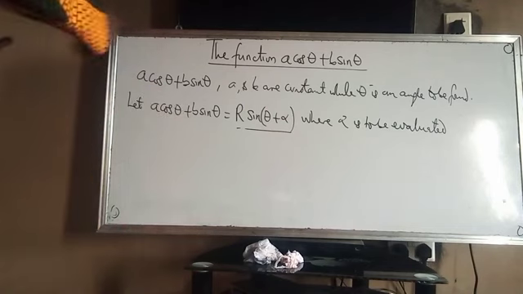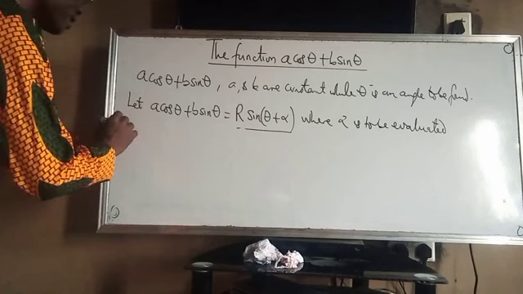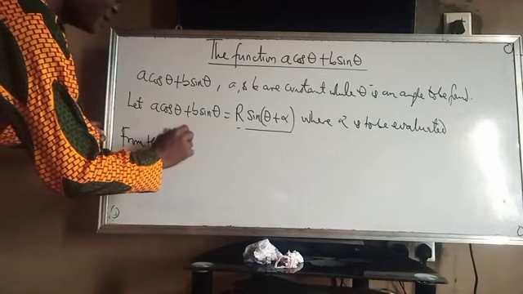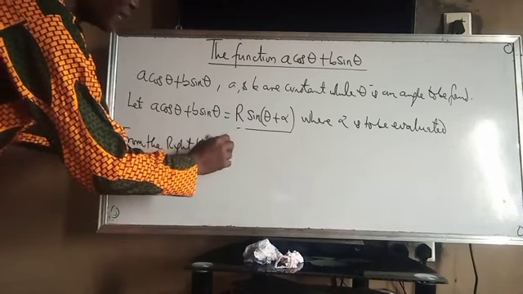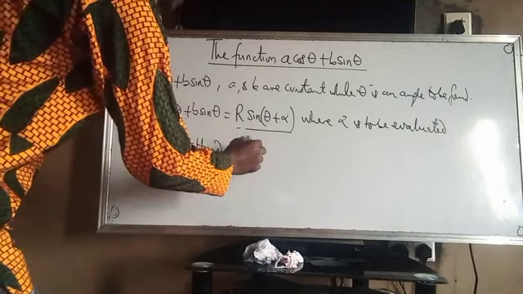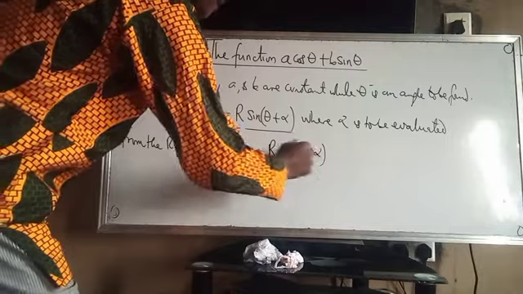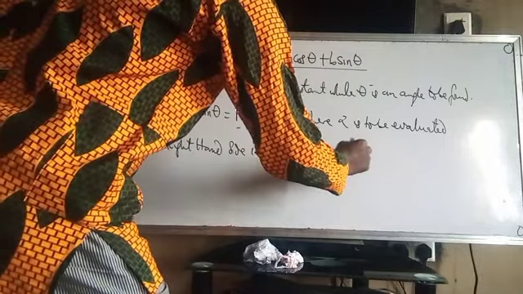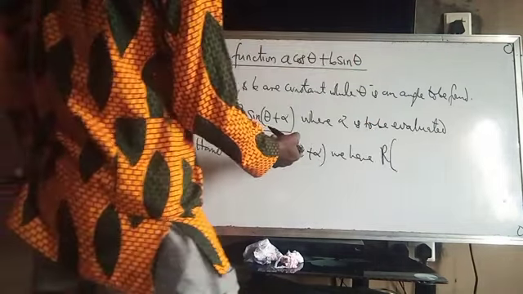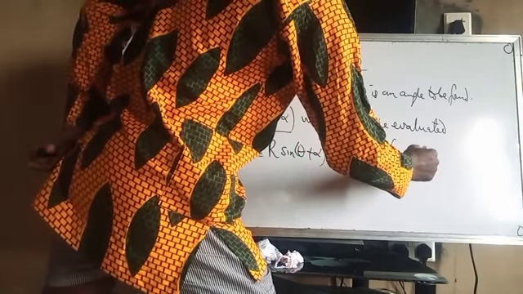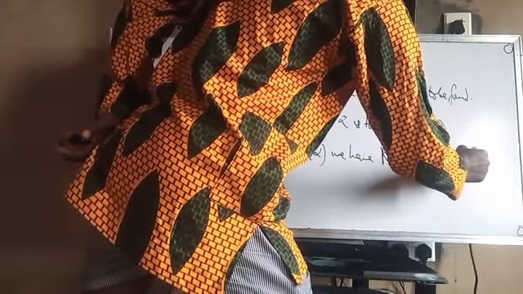So from the right hand side, that is r sine of theta plus alpha, if we expand, we have r into sine theta cos alpha plus cos theta sine alpha.